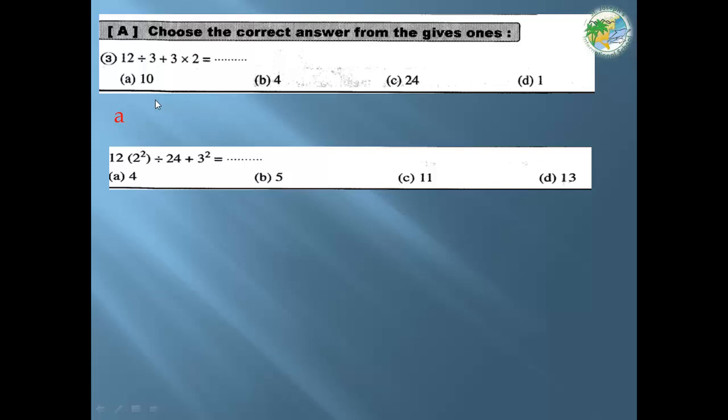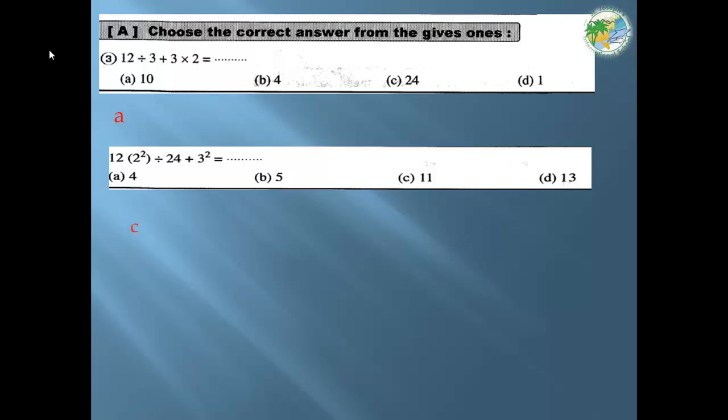So number 1 is power, number 2 is division or multiplication, number 3 is addition or subtraction, from left to right. Start answering. Then the correct answer, of course, is C.